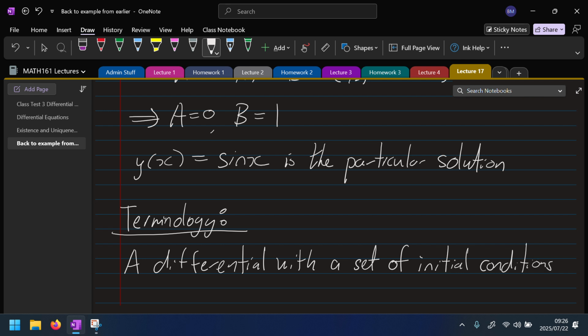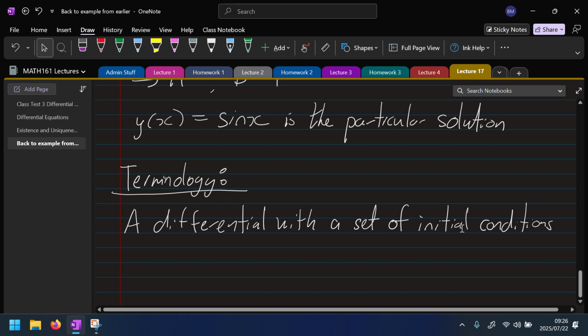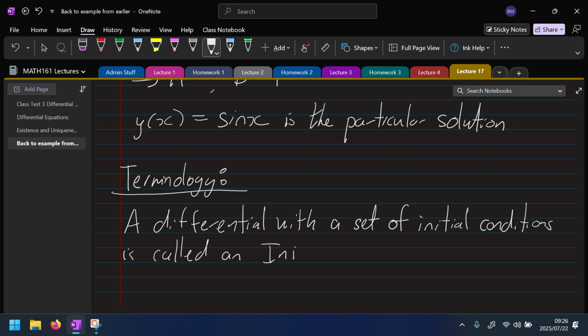Right, so 1 initial condition if it's first order, 2 initial conditions if it is second order, 3 initial conditions if it's third order, and so on. So just a set of initial conditions is called an initial value problem. Okay, IVP. So you'll see that abbreviation a lot in the textbook.